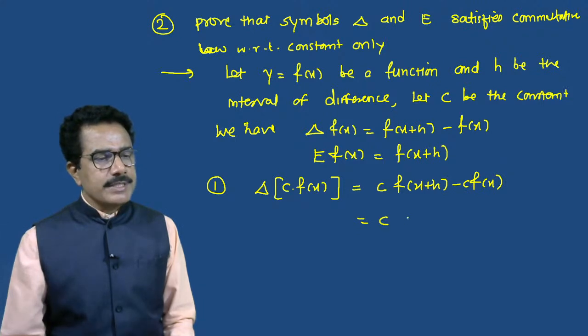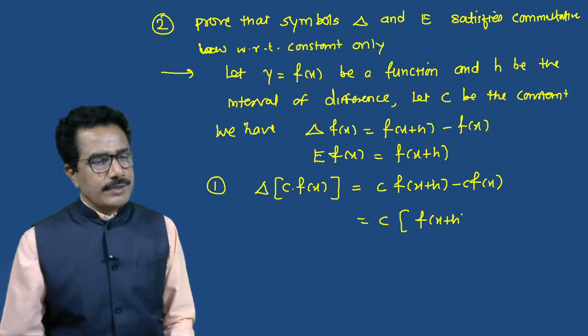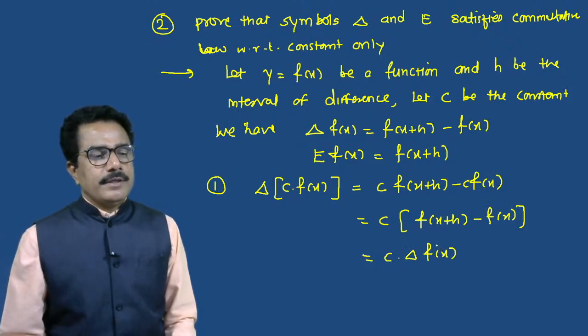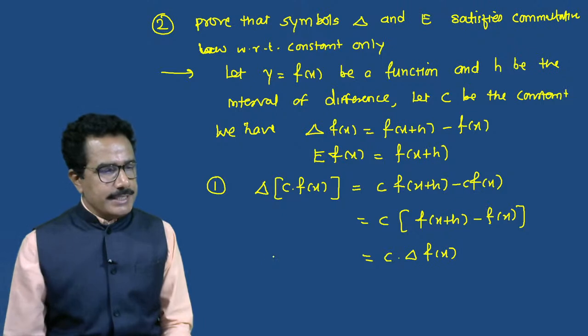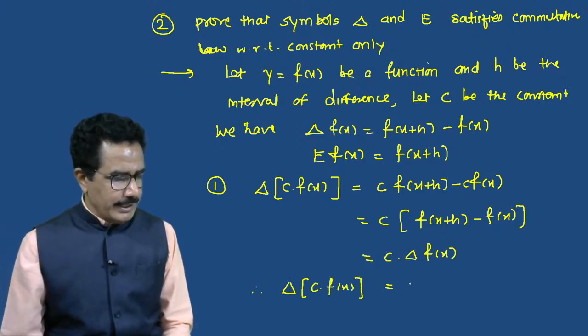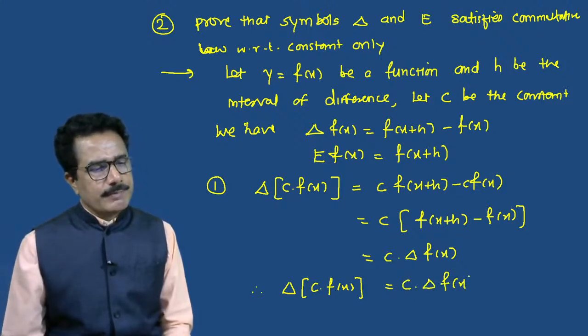We can take a common c, then we get f of x plus h minus f of x. So that can be written as c into delta f of x. Therefore, delta of c into f of x can be written as c into delta f of x.